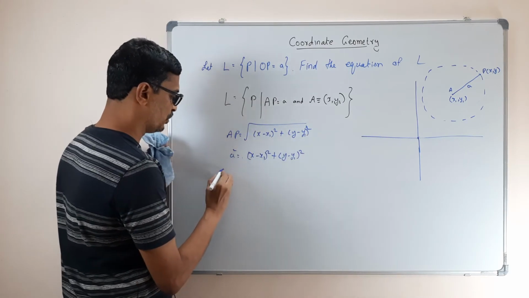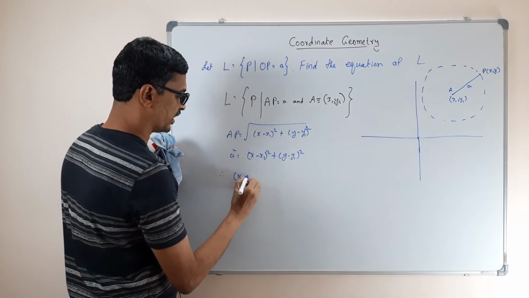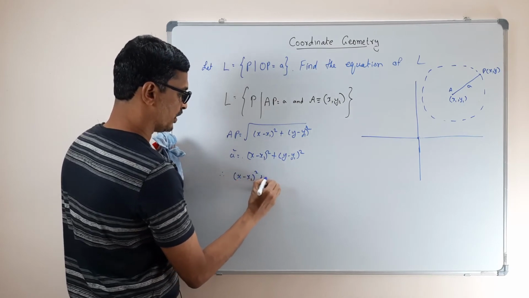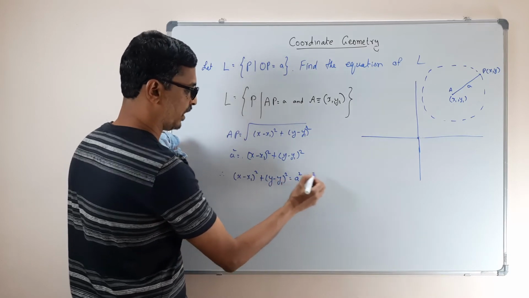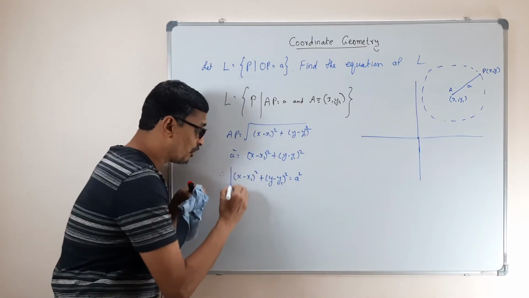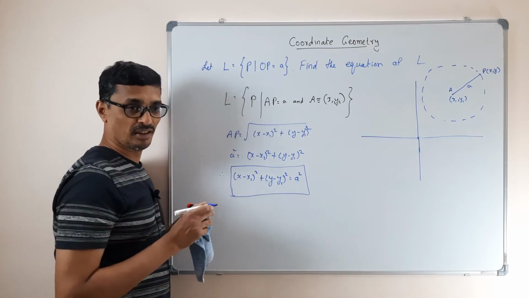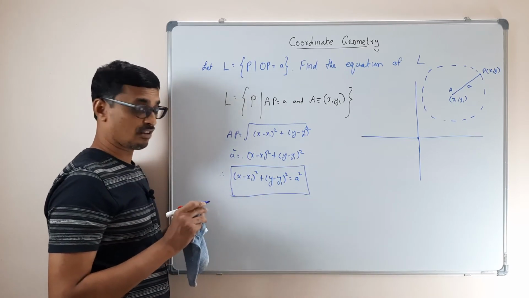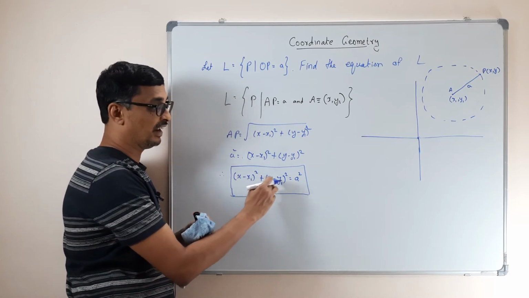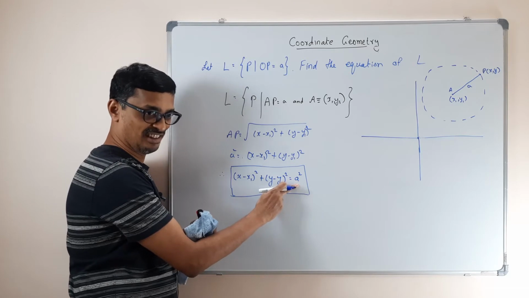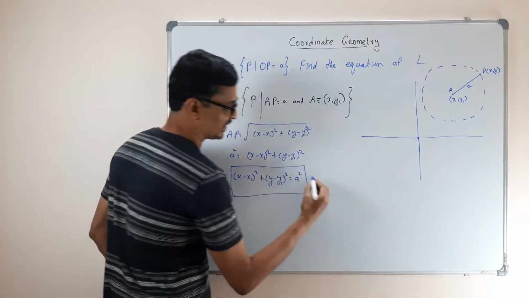Therefore the equation of the locus L will be (x minus x1) square plus (y minus y1) square equal to A square. So this is the general formula of a circle in 2 dimensions. Any circle drawn around a point x1, y1 with radius A will have this equation.